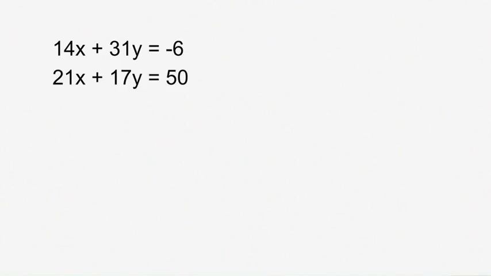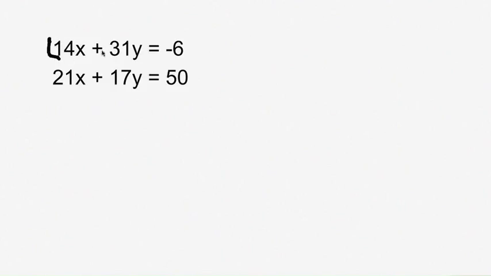So let's practice. We're given the system of equations 14x + 31y = -6 and 21x + 17y = 15. So we want to eliminate the x values for this one.